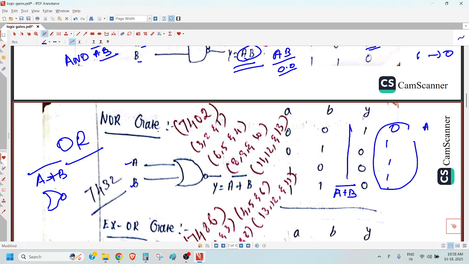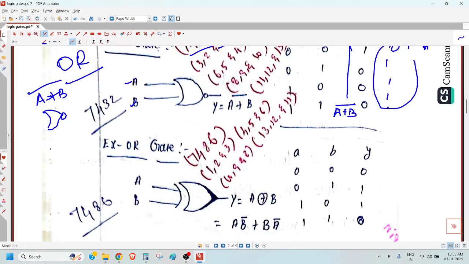Same thing we have designed for the NOR gate. So here the IC we are using is 7402. We take the opposite format of the gate: with 2 as your input, 1 will become the output. Same thing which I explained before for the OR gate as well as the AND gate, how the pin has been enabled. Same thing we are using for the NOR gate.